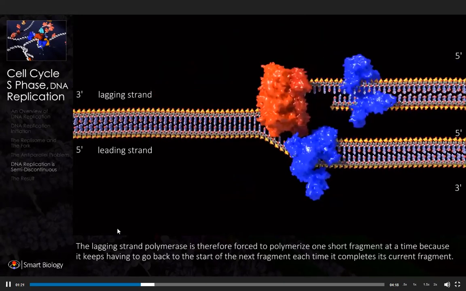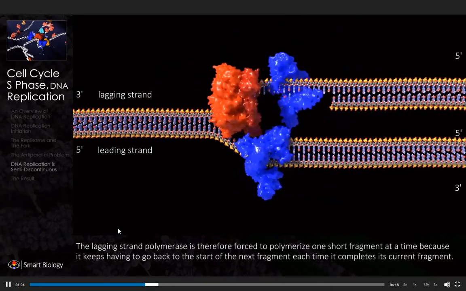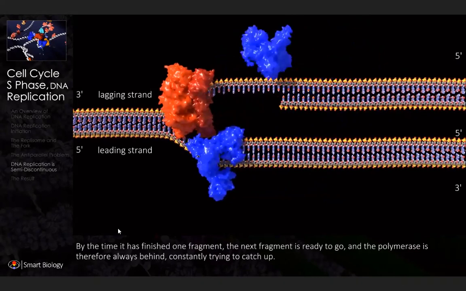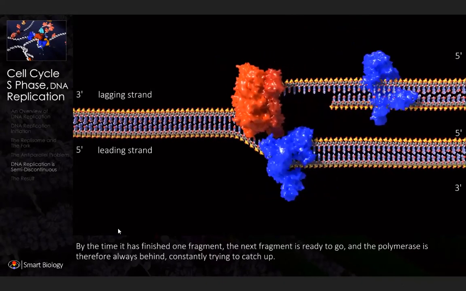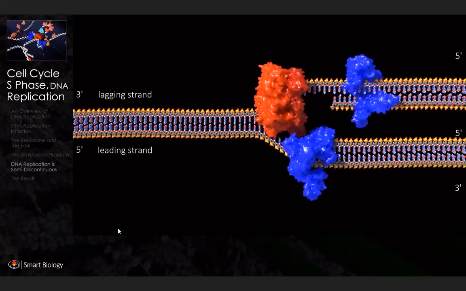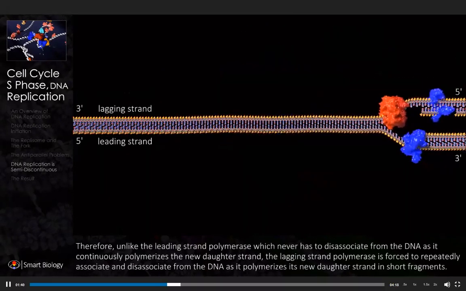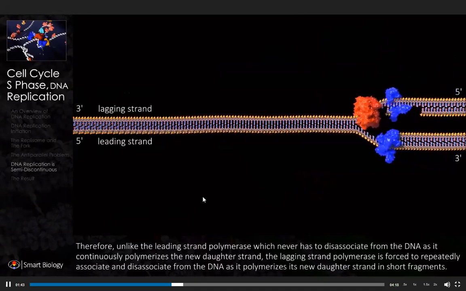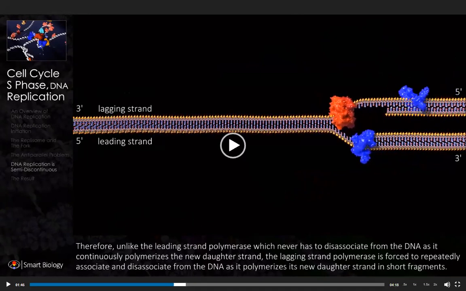There you go. Therefore, unlike the leading strand polymerase, which never has to dissociate from the DNA, the lagging strand polymerase is forced to repeatedly associate and dissociate from the DNA as the daughter strand is synthesized.